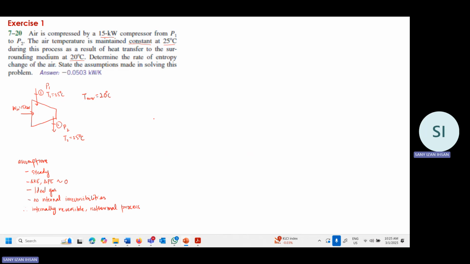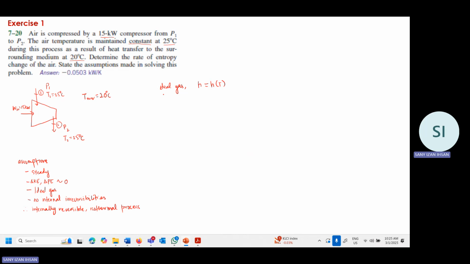To solve this problem, let's start here. Recall that in ideal gas, the internal energy as well as the enthalpy is only dependent on temperature. So H is a function of temperature only.